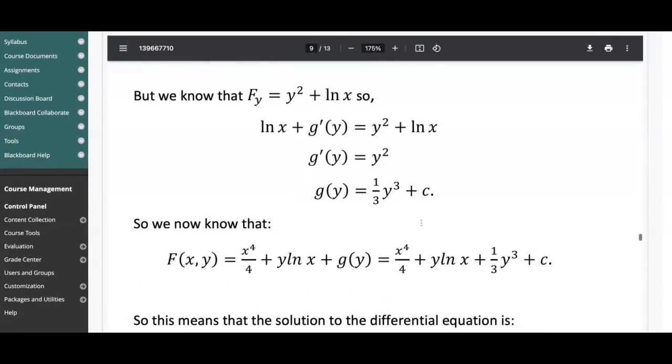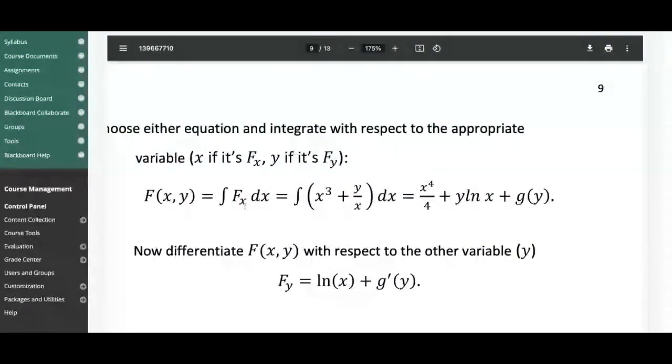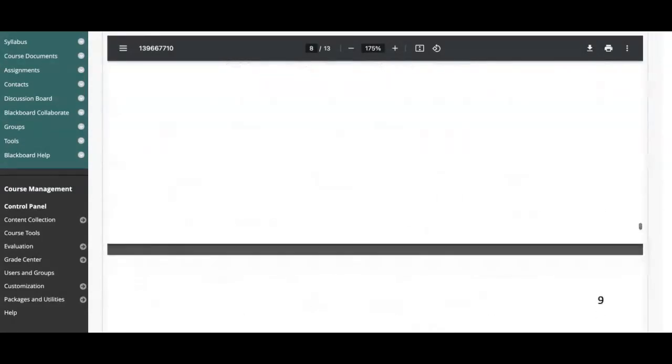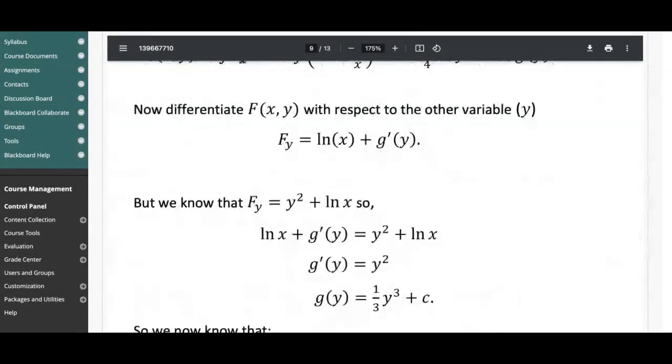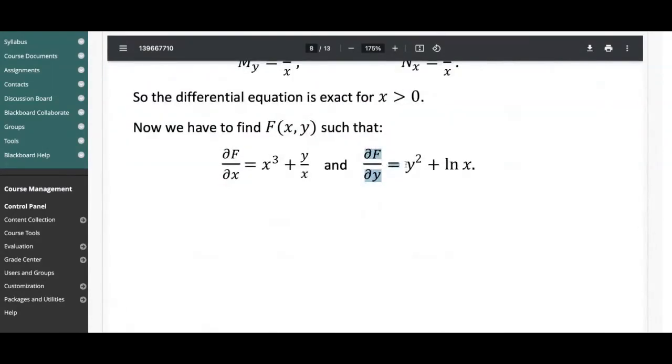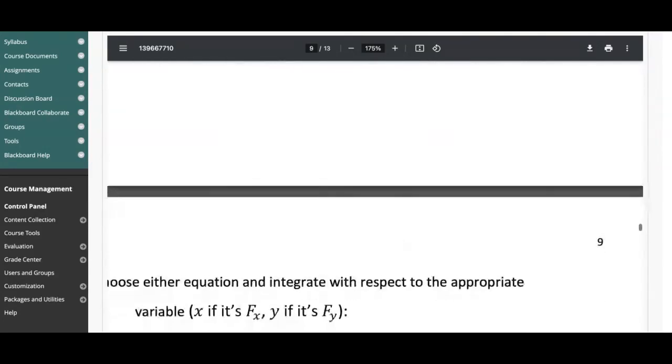And you may choose. This example chose to work with partial f, partial x. For you, I would suggest you choose partial f, partial y to work with, to see if you get the exact same solution. What's partial f, partial y? Partial f, partial y is this, and you integrate this in terms of y.